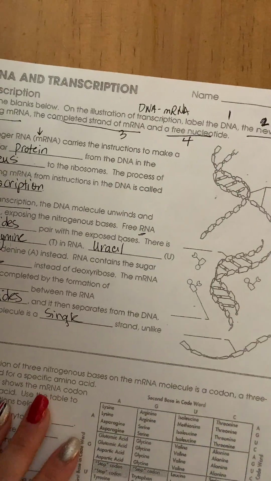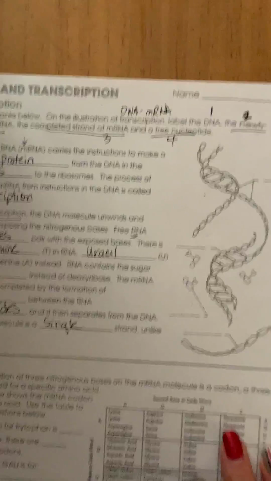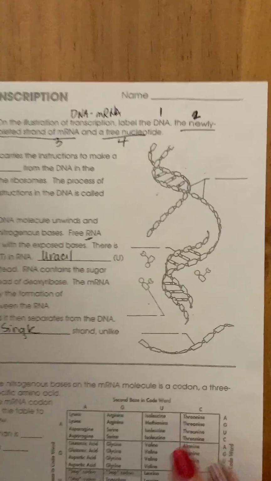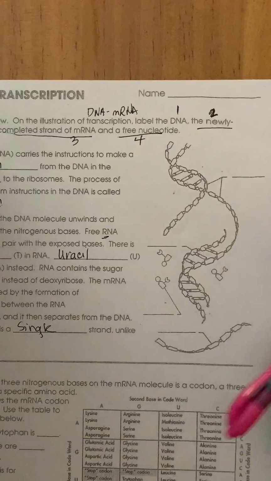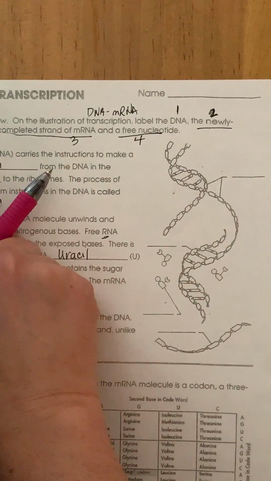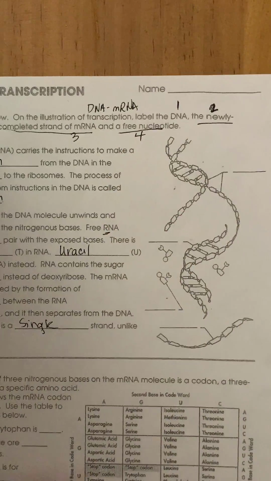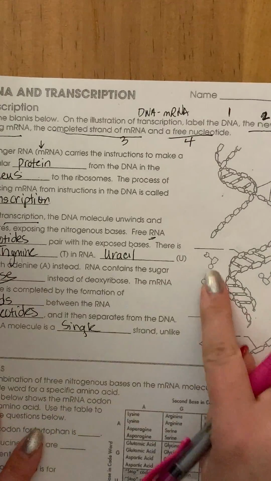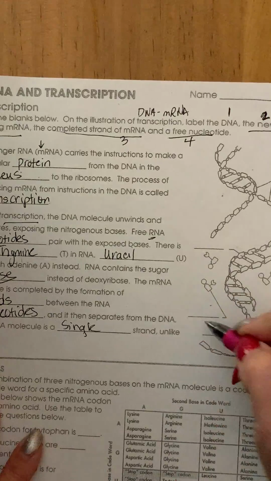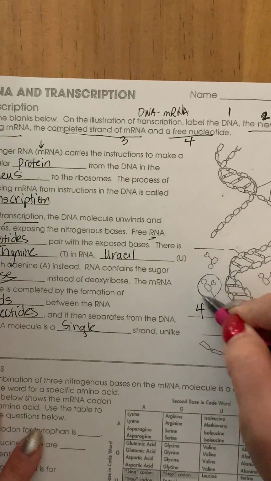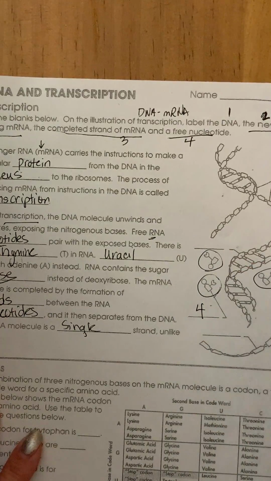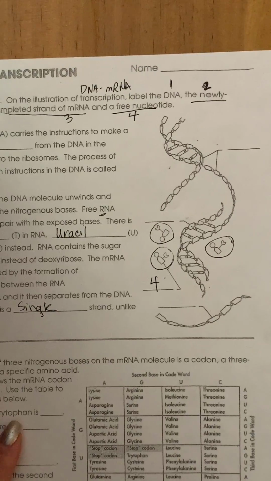So over here we have the diagram. Let me see if I can pull this to the side. There we go. All right, so now we've got to label the DNA, the newly formed messenger RNA, the complete strand of messenger RNA, and the free-floating nucleotide. The easiest are these guys out here. So number 4, see how this one and this one are free-floating? They are not attached to anything.